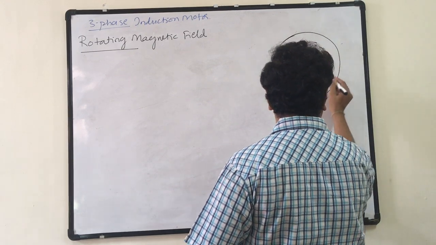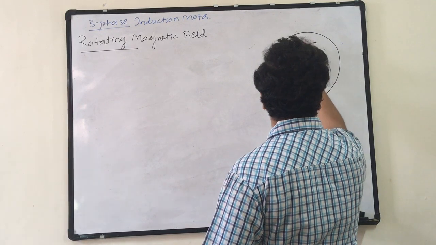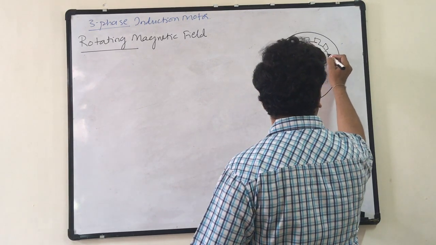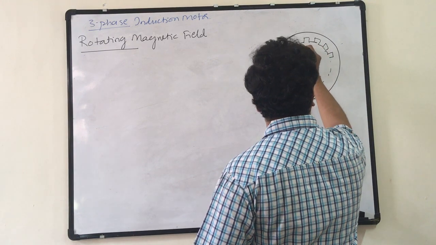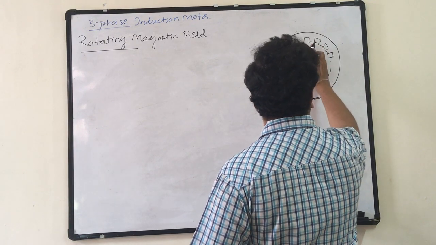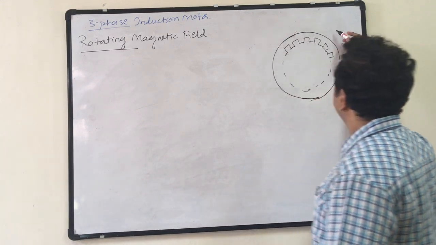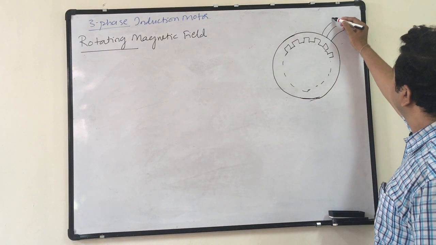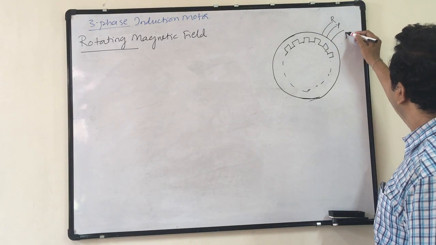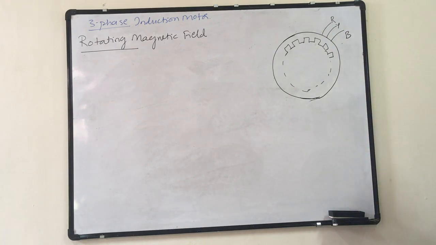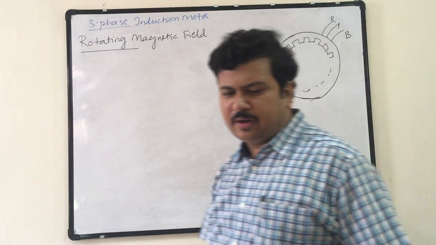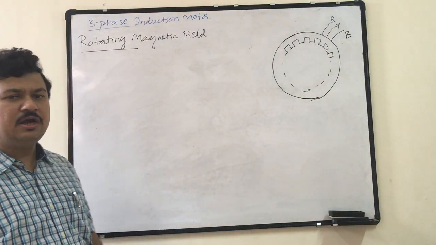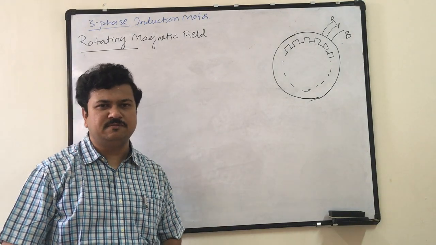I have a number of slots in the inner periphery, and so on. Now to this I will be connecting a three-phase supply, R, Y and B. So the three-phase distributed stator winding will now carry three-phase currents.